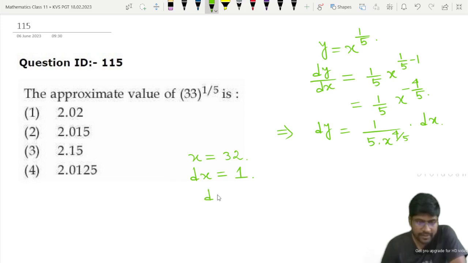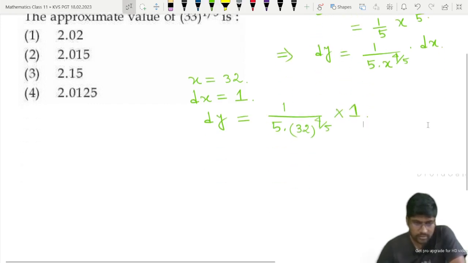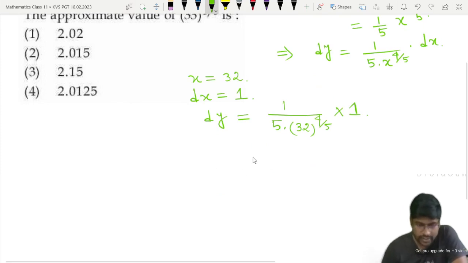That is dy. Just put in this formula: dy will be equal to 1 divided by 5 into 32 to the power 4 by 5 into dx. dx means 1, which we have already taken here.